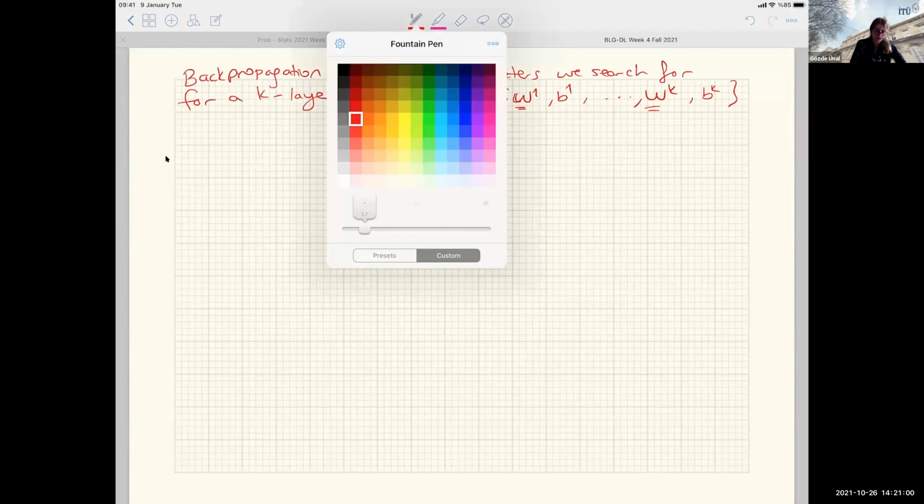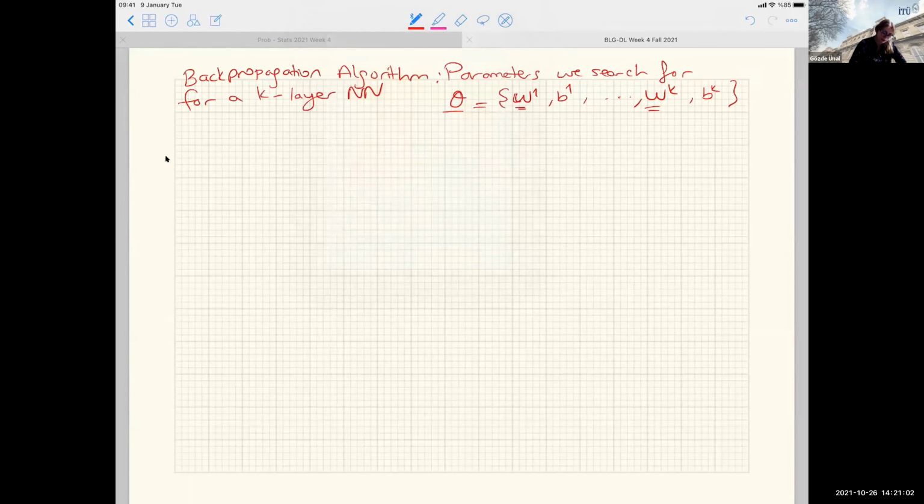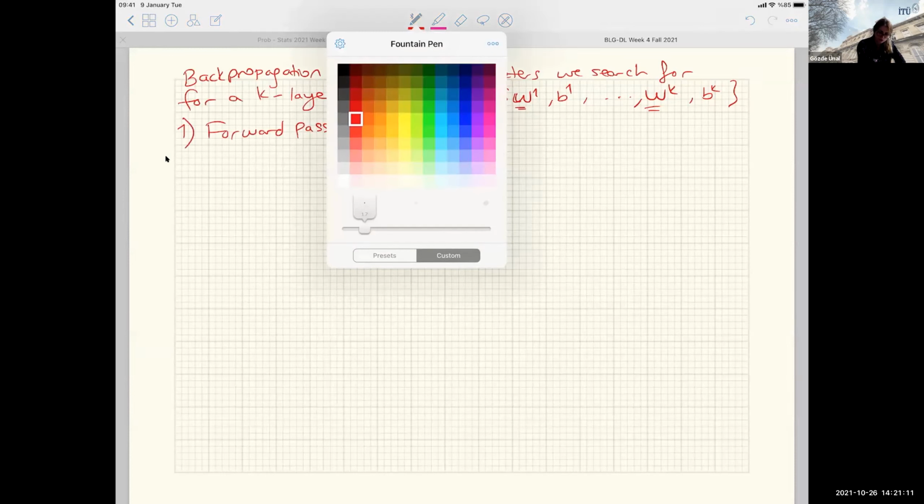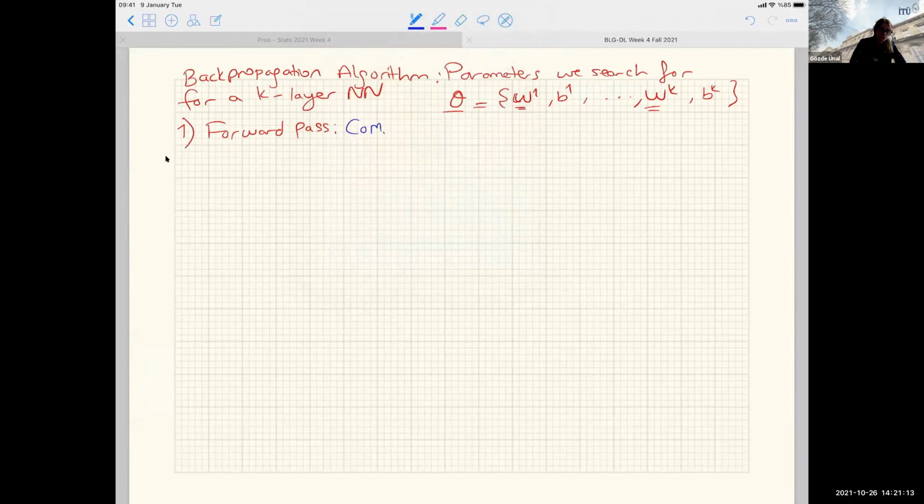You know the hypothesis here. Just to be complete, you need to do a forward pass first to compute A1, A2, all the way to AK, all layer activations, and your loss from the last layer.